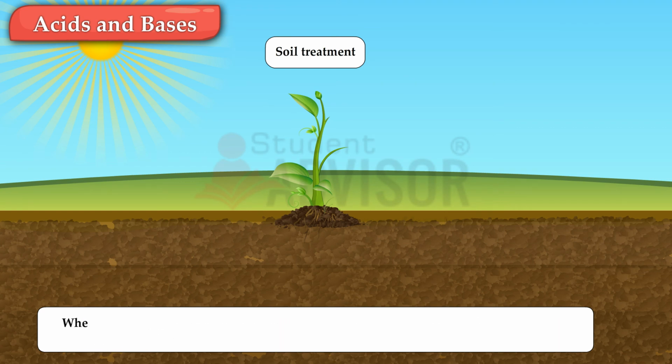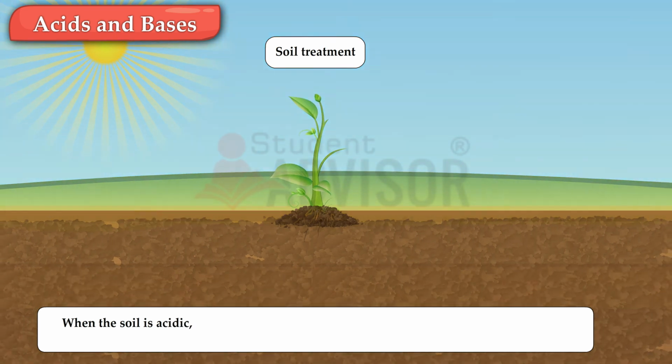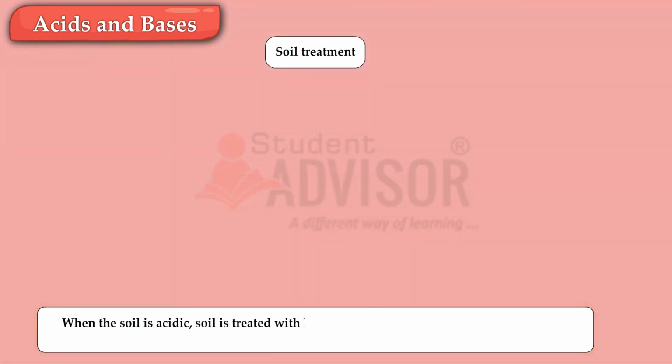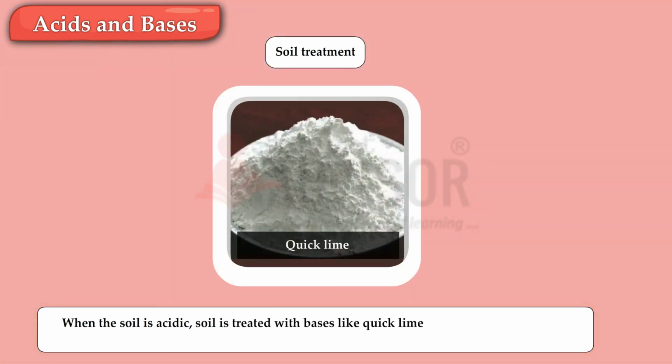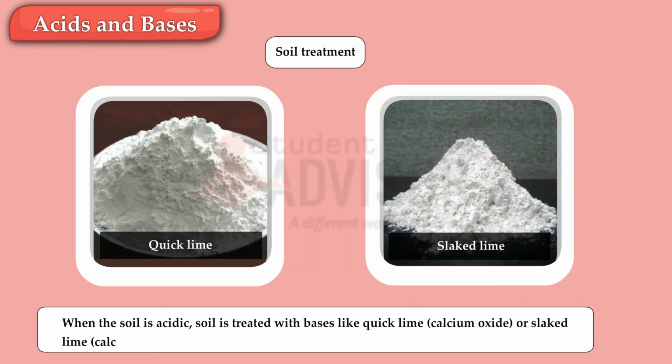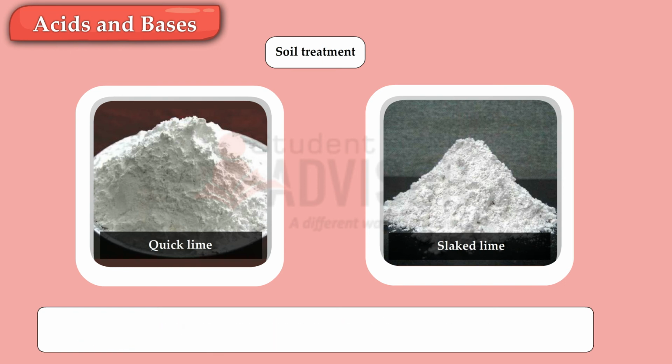When the soil is acidic, it is treated with bases like quicklime, calcium oxide, or slaked lime, calcium hydroxide. If the soil is basic, organic matter is added to it. Organic matter releases acids which neutralize the basic nature of soil.